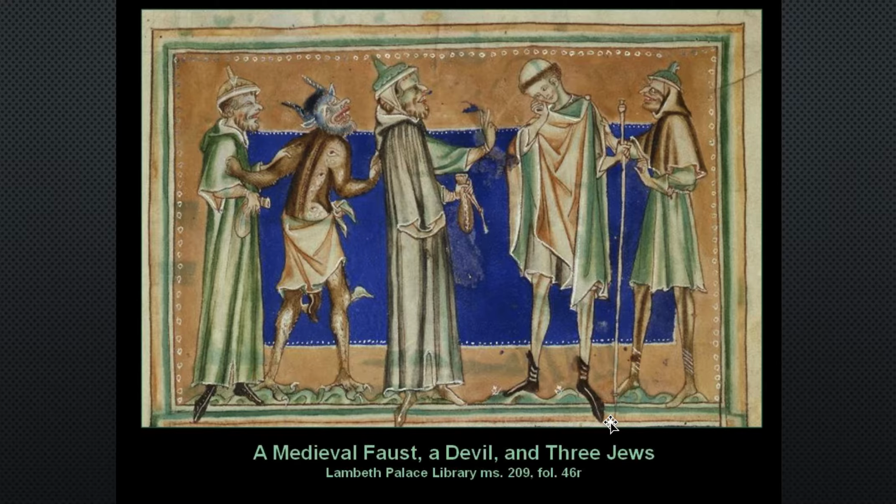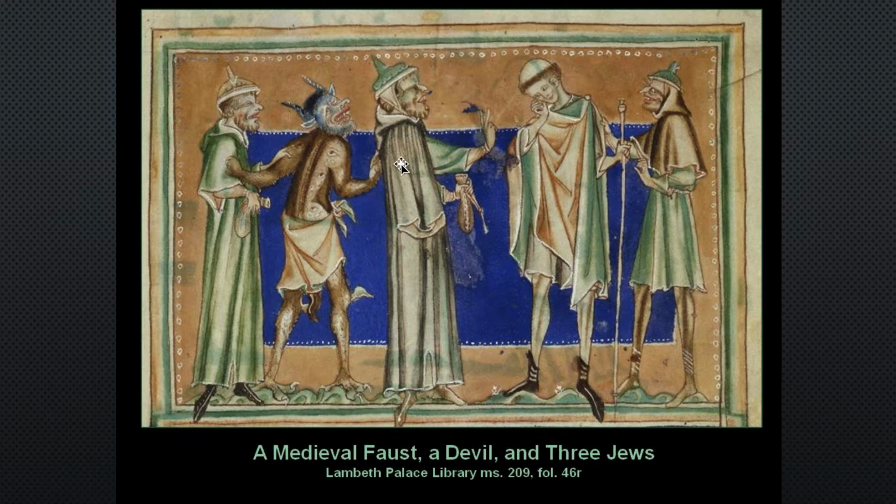This one is great too. Here's another good devil for you. This is a medieval Faust. So Faust is the legend of a man who made a deal with the devil. He wanted something and the devil promised it to him, but in exchange, this man had to give his soul to the devil. So you could have this joy here on earth, whatever it is you wanted, in exchange for your immortal soul.